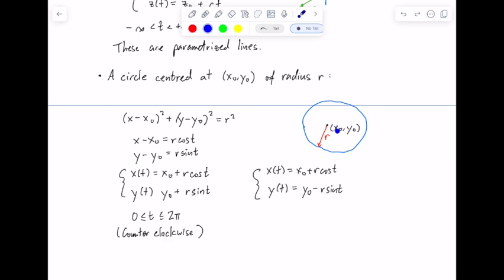So we're now at y naught minus r. It's down here. And then you could plug in at t is equal to pi. We're going to end up at x naught minus r and y naught minus 0. So we're here now. And we see by testing those points that our direction of travel is clockwise.